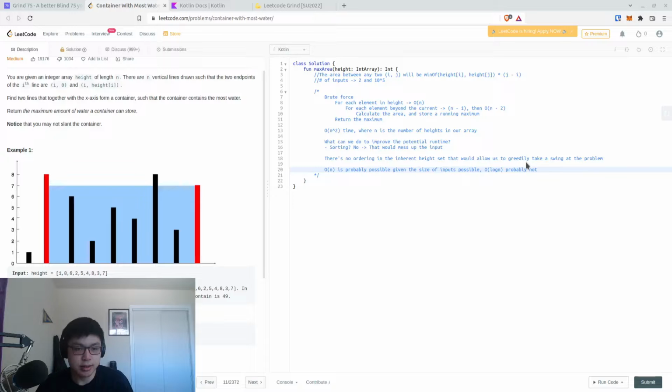And then the idea is that we want to check at this point whether there is an element, given the height, within here that would actually beat this.